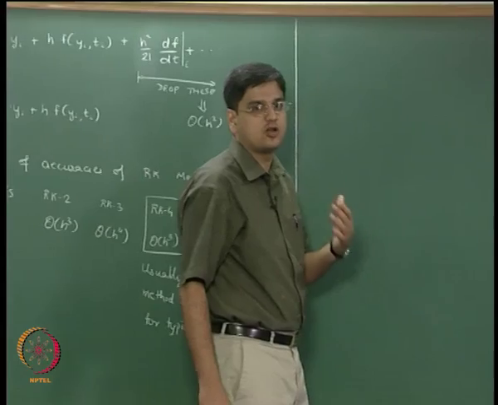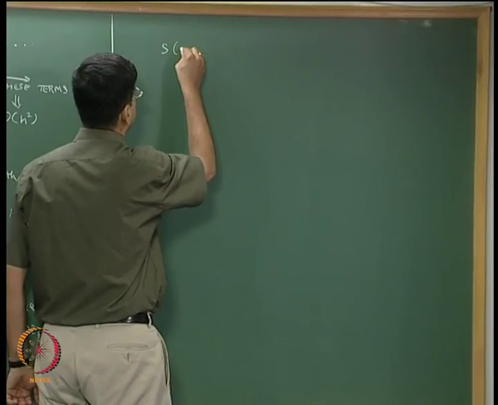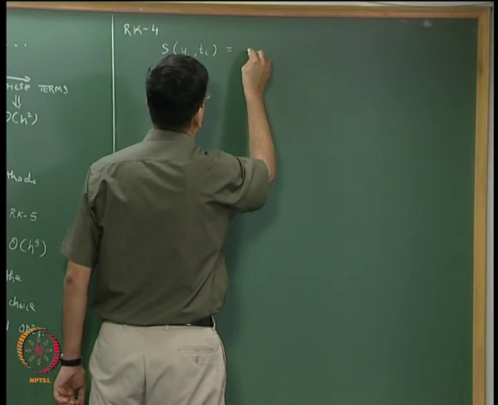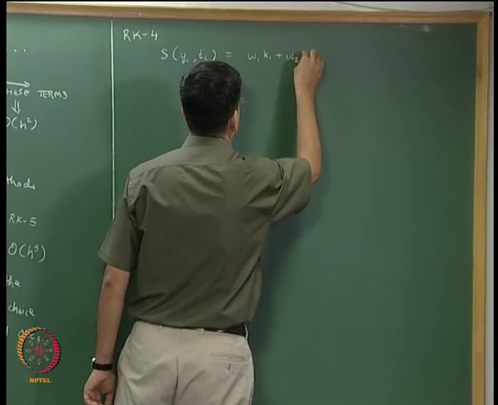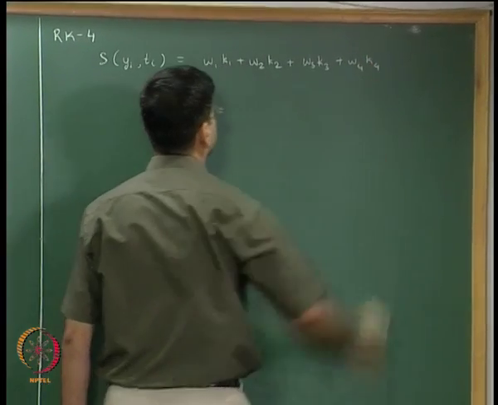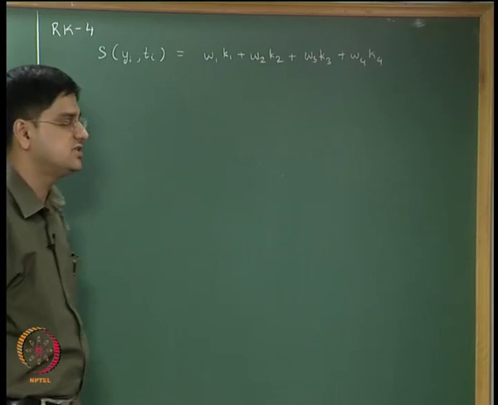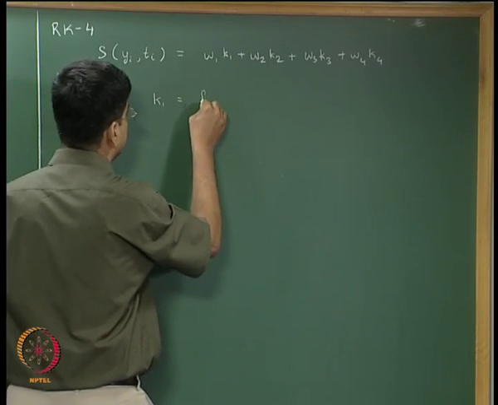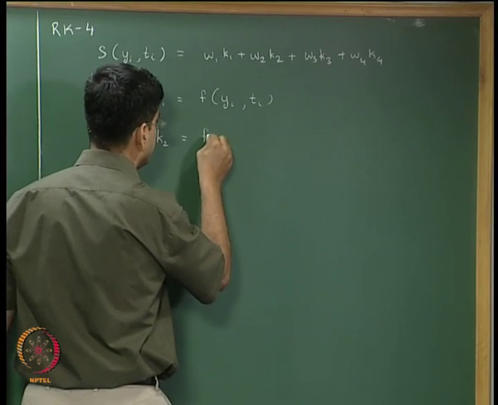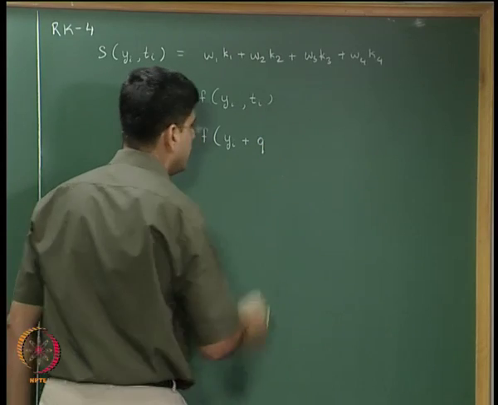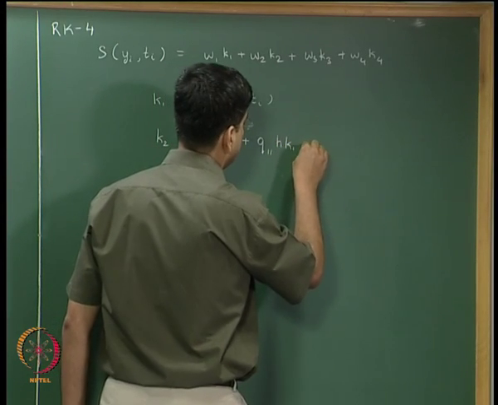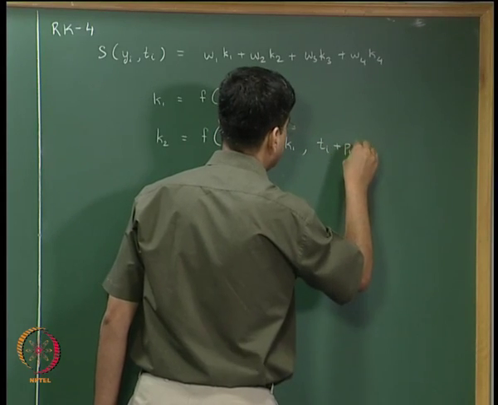Since it's an RK4 or a 4th order RK method, our S is going to be written as W1 K1 plus W2 K2 plus W3 K3 plus W4 K4, where K1 is going to be written as f of yi comma ti, K2 as we had before is going to be written as f of yi plus q11 h multiplied by K1 comma ti plus p1 multiplied by h.